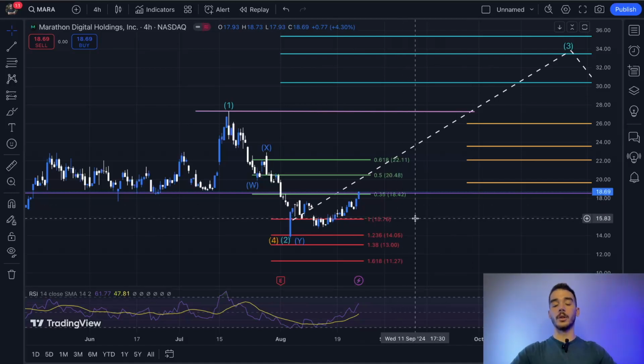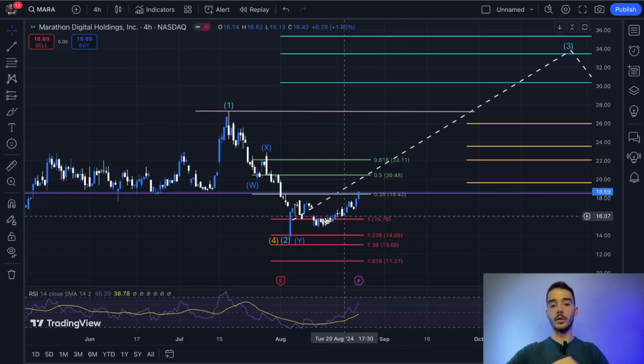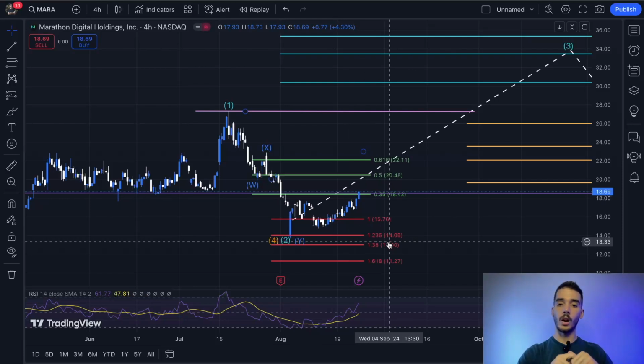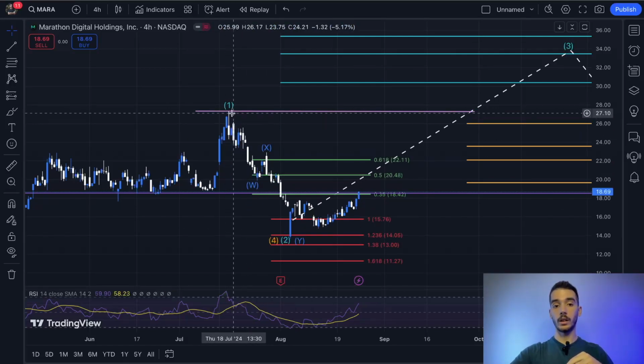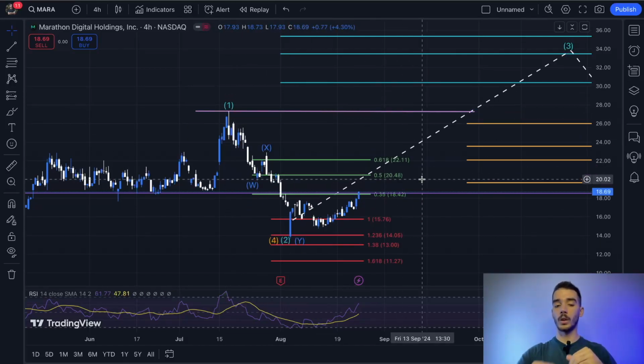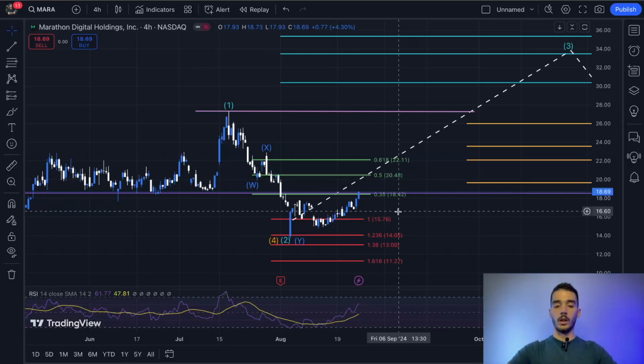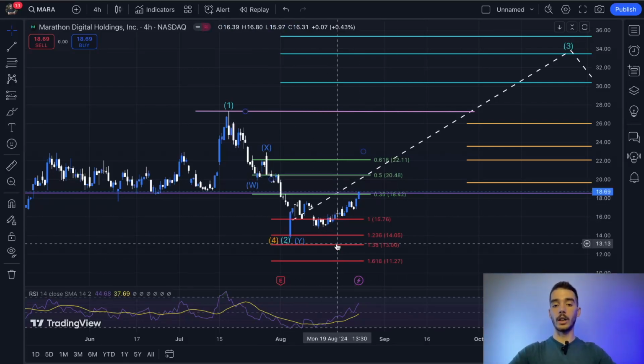So there's 3 levels of confirmation in order for this fourth wave to be in. We don't have to reach the 3rd level to confirm it, as long as we make a new high that will confirm this to be in. But let me break this down. So the red is my accumulation area.